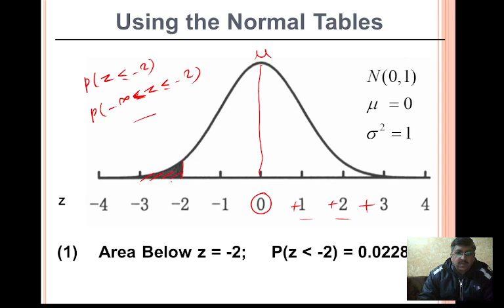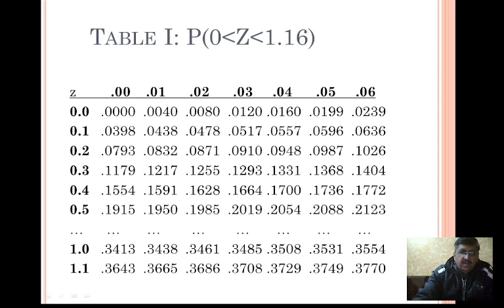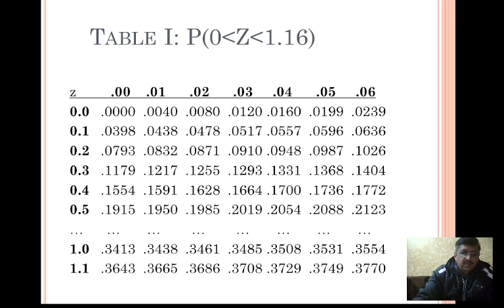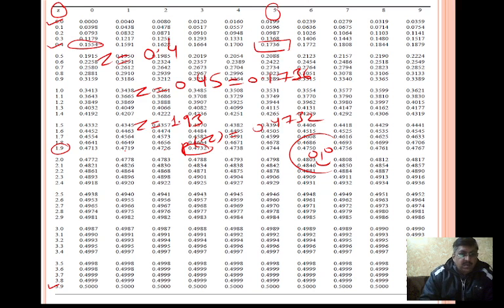So for z equals -2, the area below z equals -2 is likewise this. Now let's try to understand how this value comes, that is 0.0228. How does this value come, right? So z equals minus 2. If you go to the table again, this was the smaller table, this was the bigger table. You can see that for z equals 2.0, it looks like 0.4772.